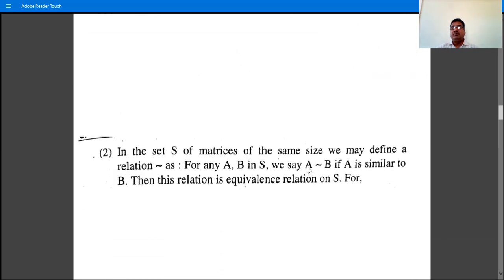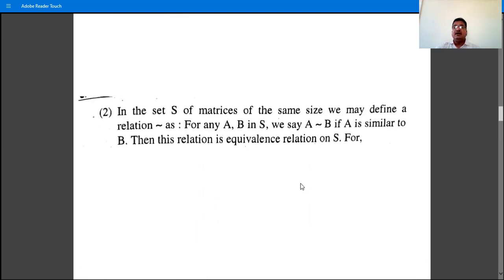And if we define the relation A related to B if A is similar to B, then this relation is an equivalence relation on S. That is, this relation, A is similar to B, is an equivalence relation, which means this relation is what?